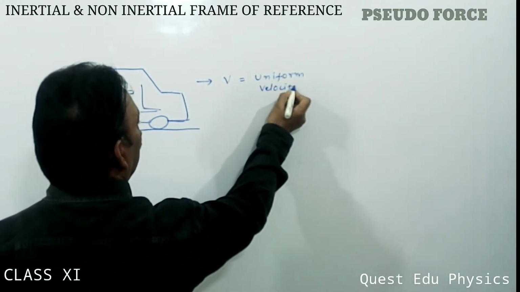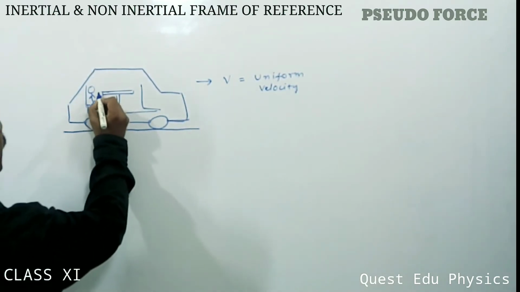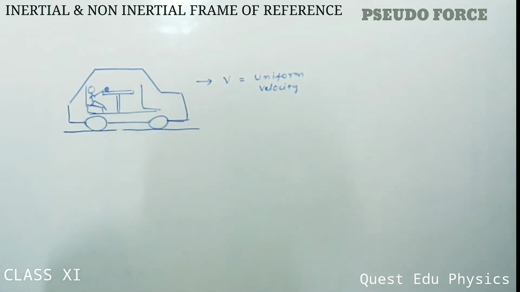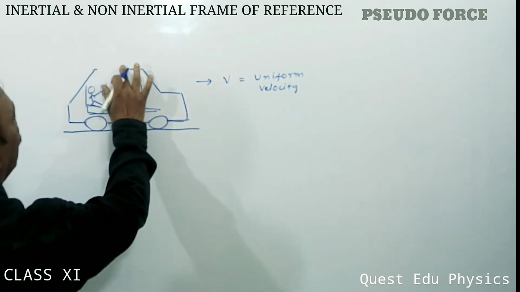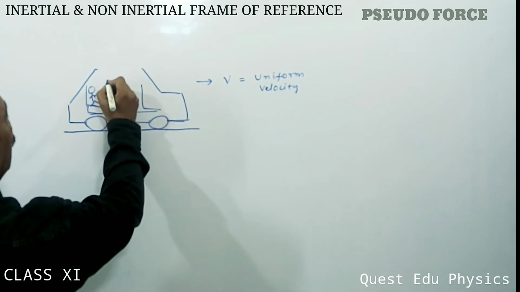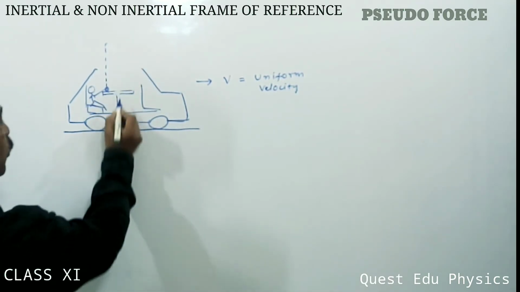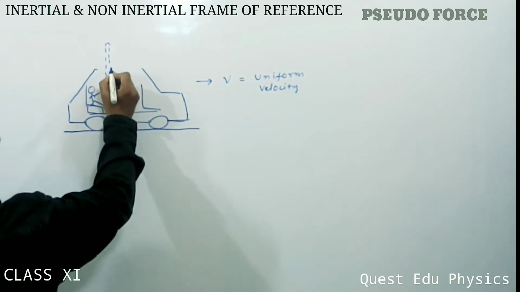Okay, students. Now see, this person is holding a ball in his hand, and is throwing the ball up. Just say it is an open roof car. The ball is moving in this way. It is moving up and it's coming down.